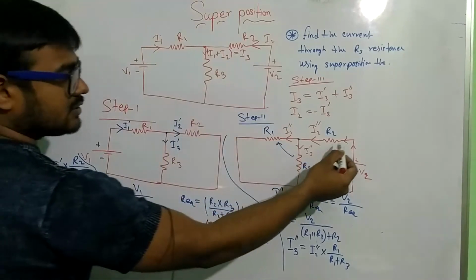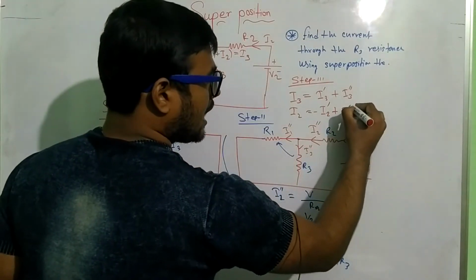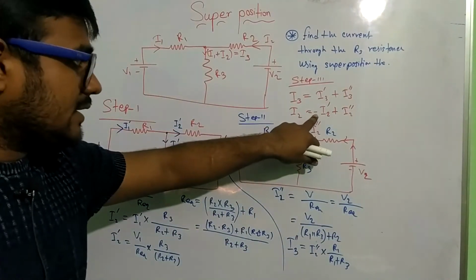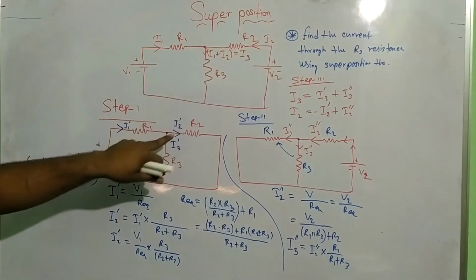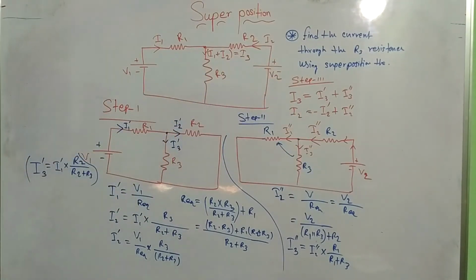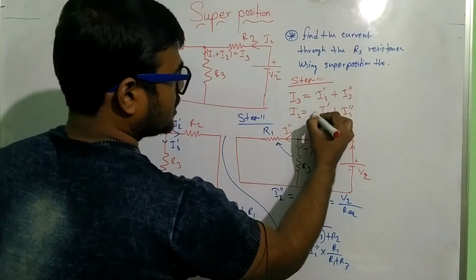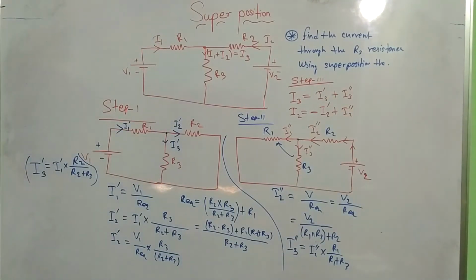This direction and the step 2 direction are the same, so plus I2 double dash. Why is there a minus here? Because the main circuit direction and the step 1 current direction are opposite. I think it is clear to all of you? Written here clearly, this is a minus. This is a vital thing.